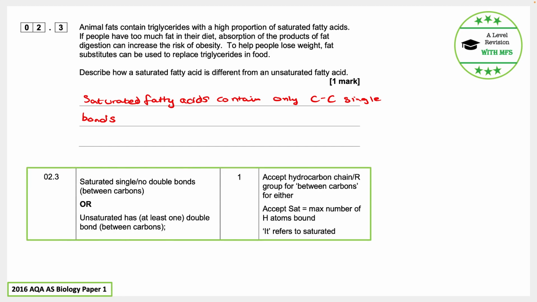If I show you the mark scheme for this question, it says saturated contains single / no double bond between carbons. Now instead of between carbons, you could have said R groups or variable groups. Or you could have said the opposite of that, saying that unsaturated has at least one double bond between the carbons. But for saying this answer, we would have got 1 mark.